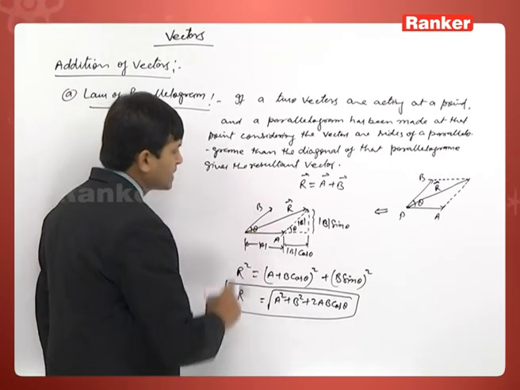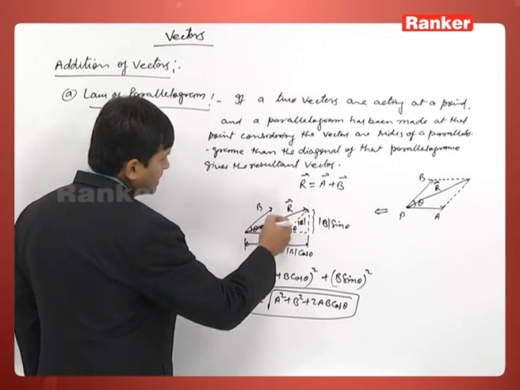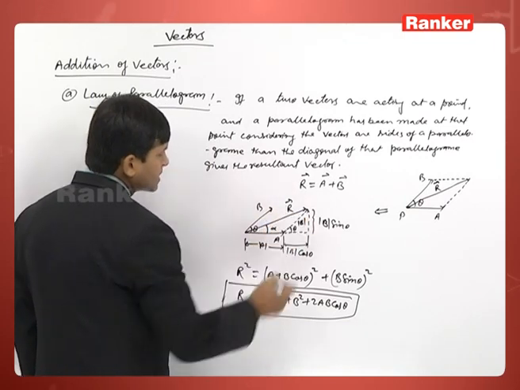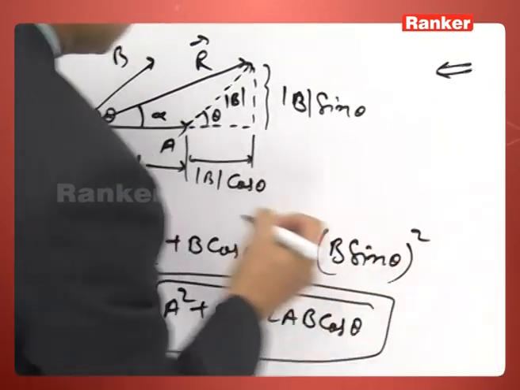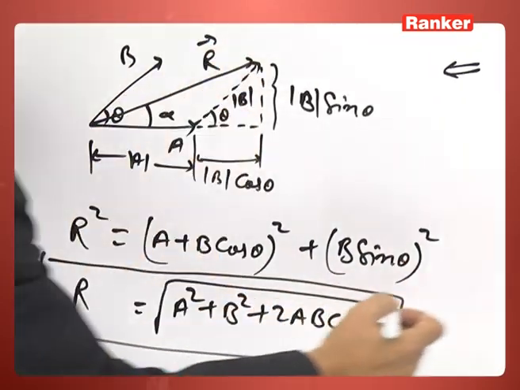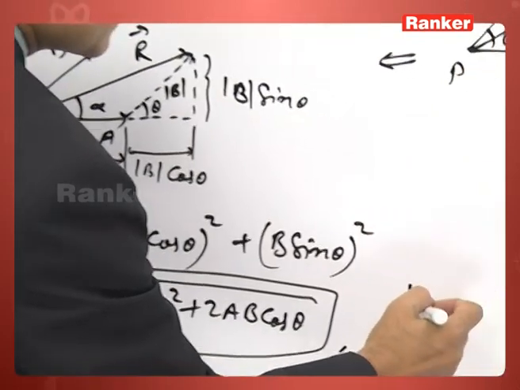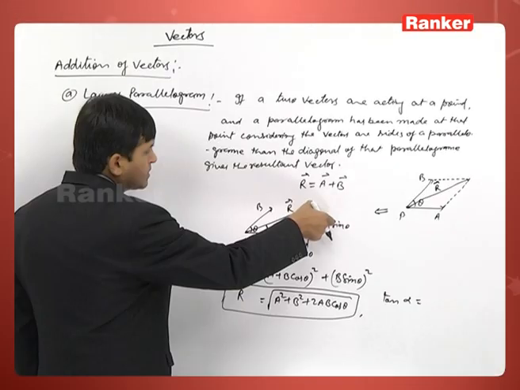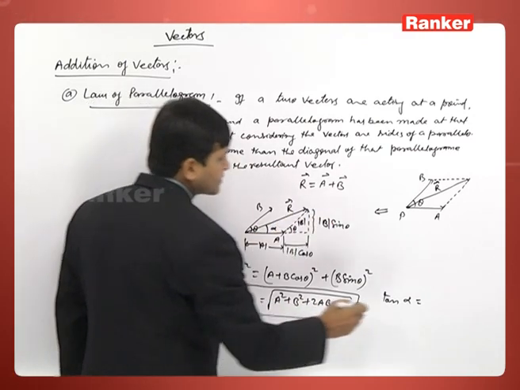And if we want to see the direction, this is the resultant vector R. Let this angle be alpha. From this triangle, tan alpha is this by this.